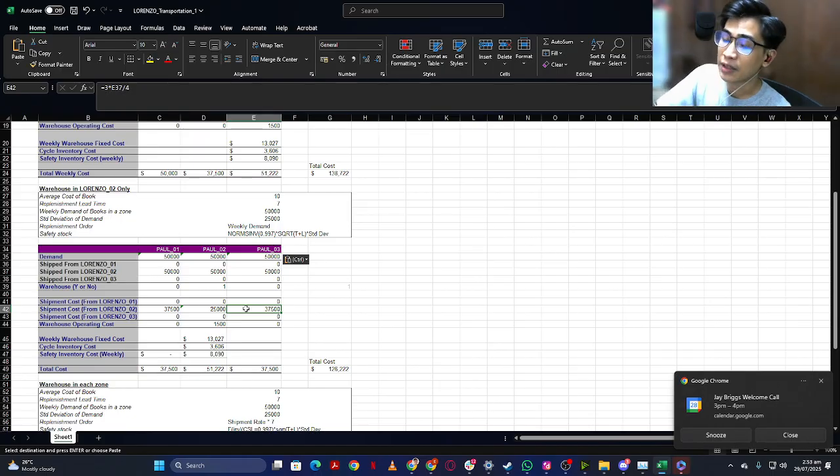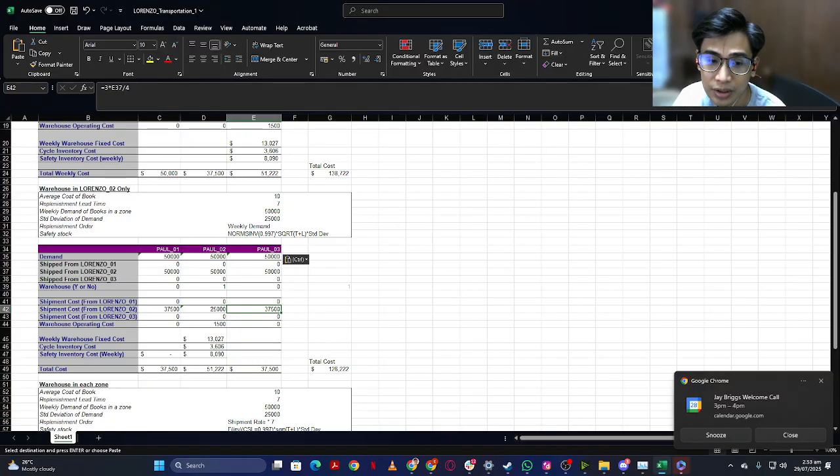For Paul 3, 50,000 books times 3 over 4 is equal to 37,500 again. The warehouse operating cost is again based on the total demand of 150,000 times 0.01, which is $1,500. The cycle and safety inventory costs are computed using the same formulas.